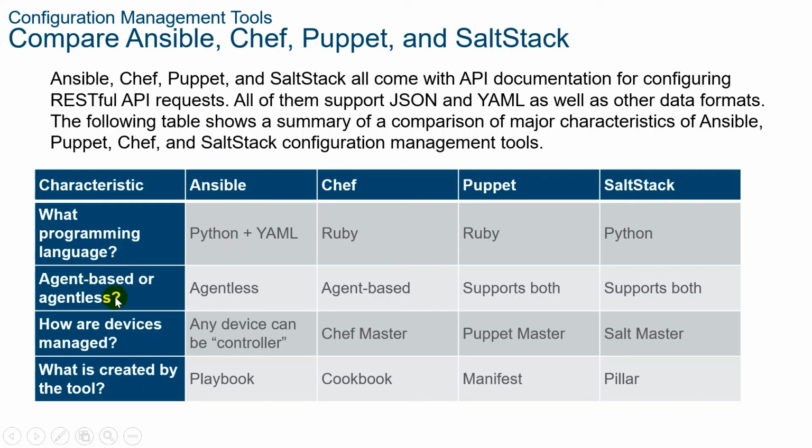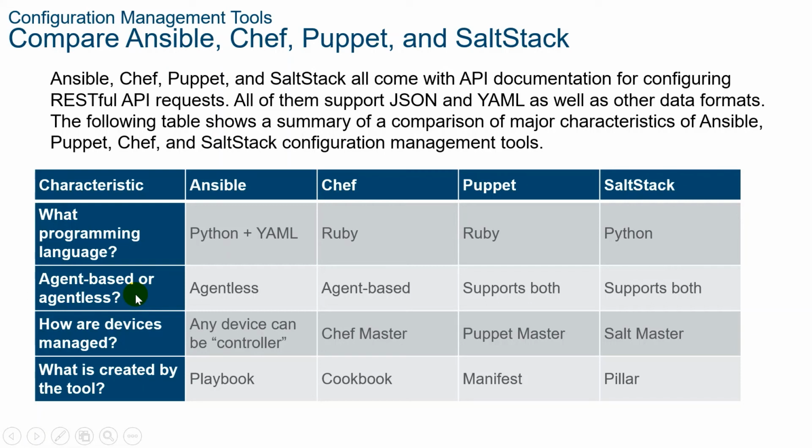Next is agent-based or agentless. Configuration management is either agent-based or agentless. Agent-based configuration management is pull-based, meaning the agent on the managed device periodically connects to the master for configuration information.